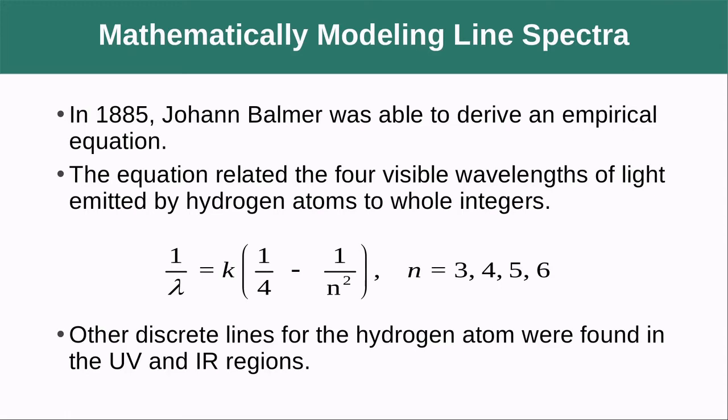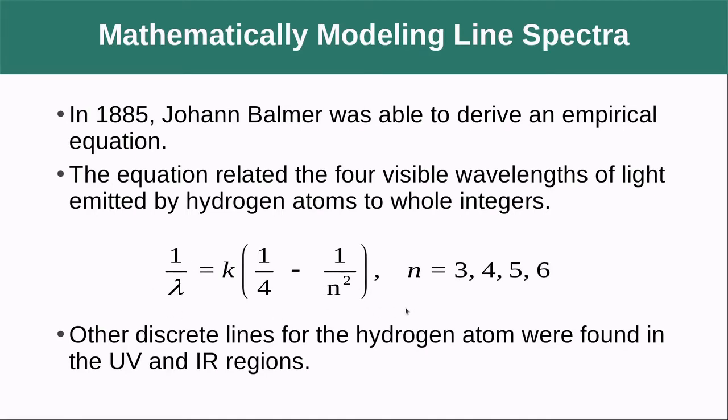So he's able to say that 1 over the wavelength that we're going to get out is going to fit this. I have some constant k here, and if I start pumping in integers of 3, 4, 5, and 6, I'm going to get out the proper wavelengths that I see.